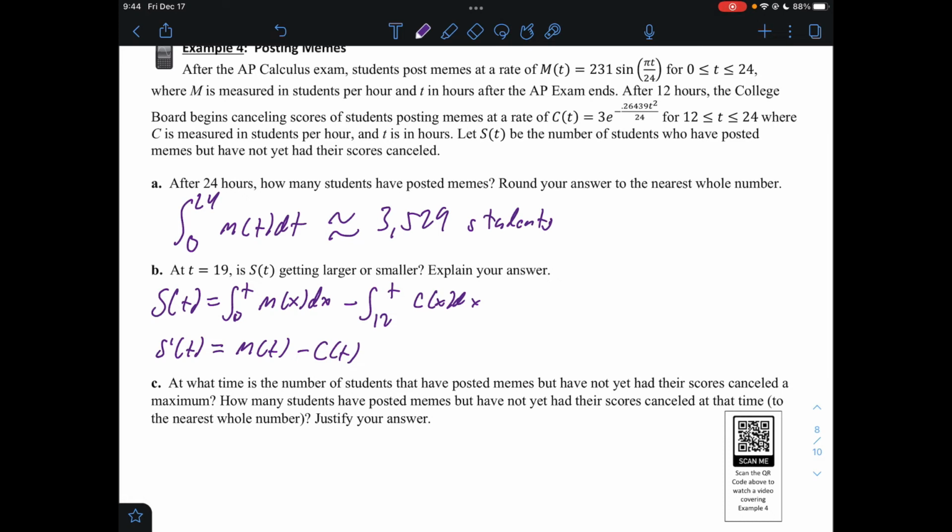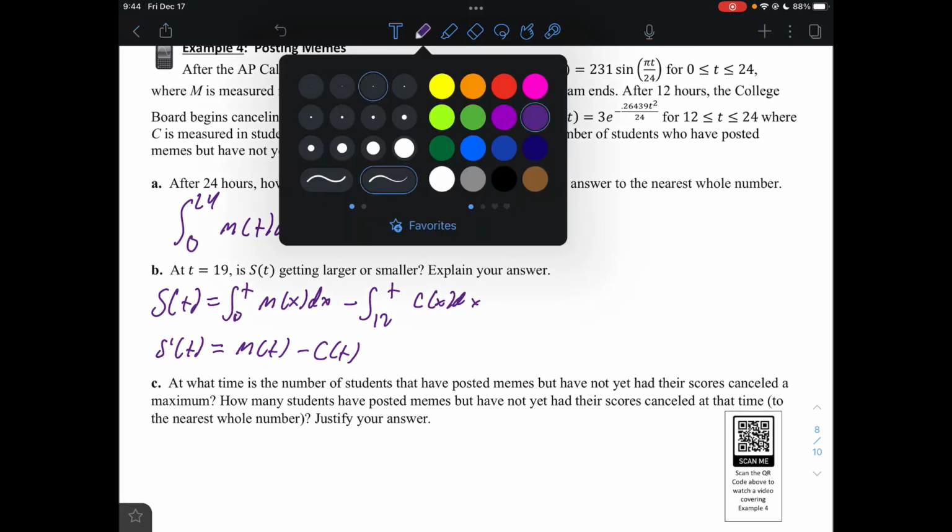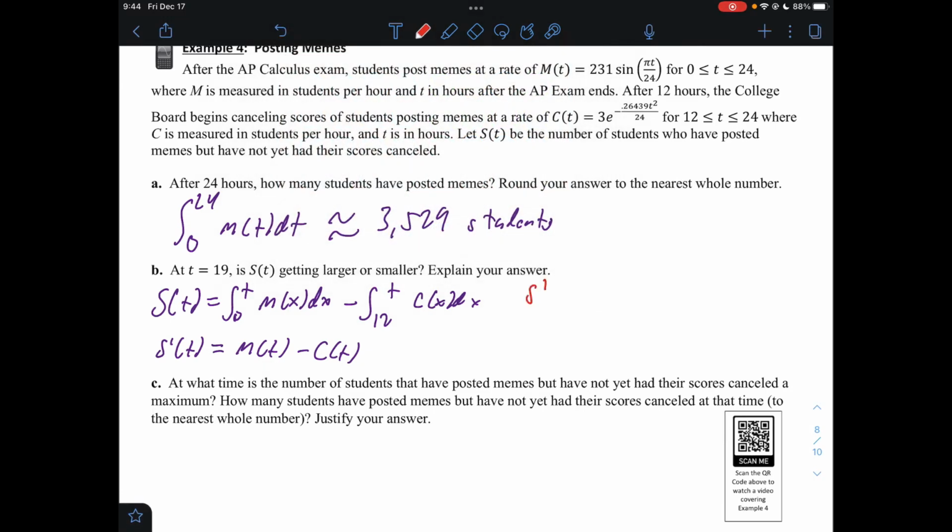So we were trying to find s prime of 19, and that would be m of 19 minus c of 19. So in your calculator, basically just type this equation in with 19 in for t, minus this equation with 19 in for t, and see what that would be.